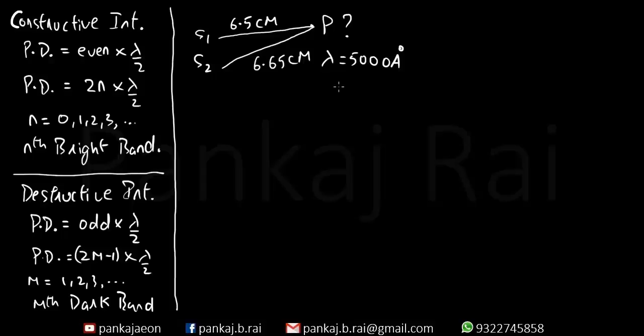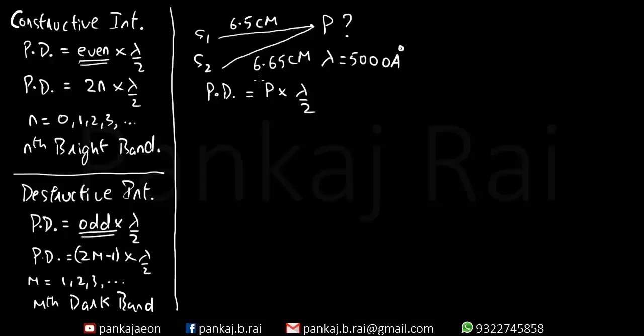Now the theory says that the point would be bright or dark depending on whether the path difference is an even multiple of lambda by 2 or an odd multiple of lambda by 2. But as of now we don't know what it would be. So let us assume that the path difference is some number, a variable p, into lambda by 2.